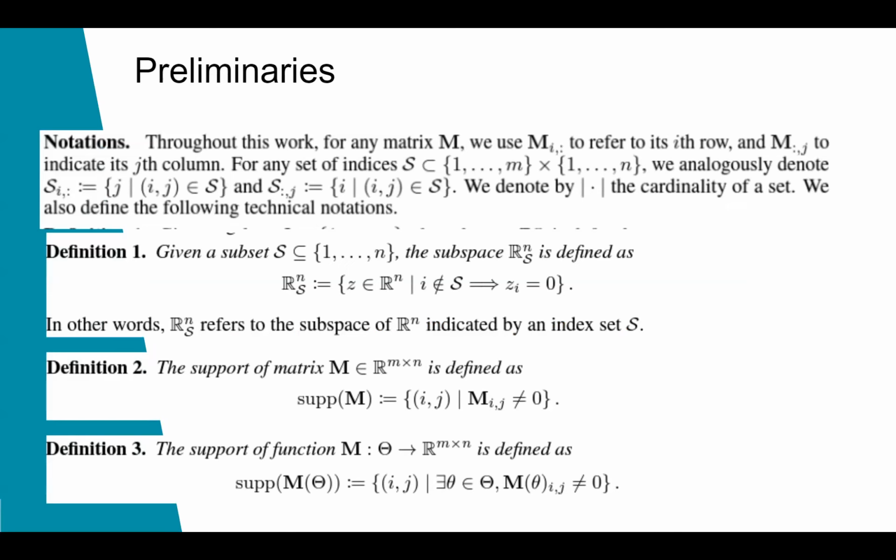If anyone has a question about this... Yeah, can you just go step by step? What are the assumptions? Okay. For notation, for a matrix, this represents the row and the column.